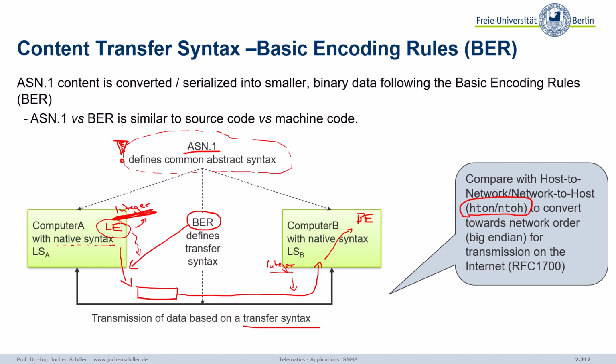So there are different functions for 16, 32 and 64-bit, and this converts in the end the local representation host to the network and vice versa. And if your host is already a big endian machine, this function is basically no operation. You don't have to do anything because the transfer syntax in the internet is big endian.